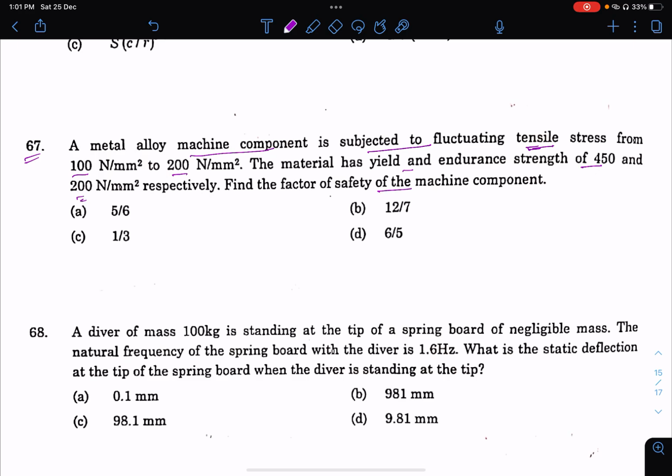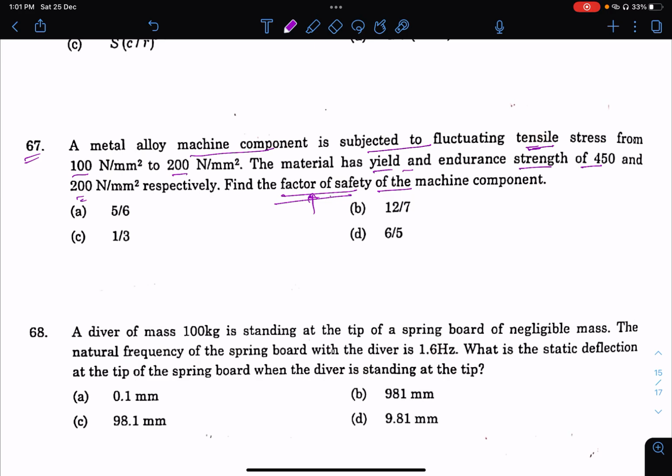Find the factor of safety of the machine component. Now for this one, where the stresses are in fluctuating condition, it is not mentioned which formula to use. But we have been given yield and endurance strength only.